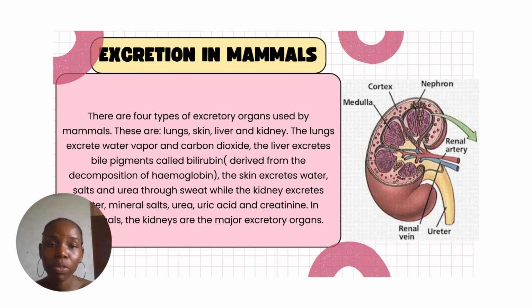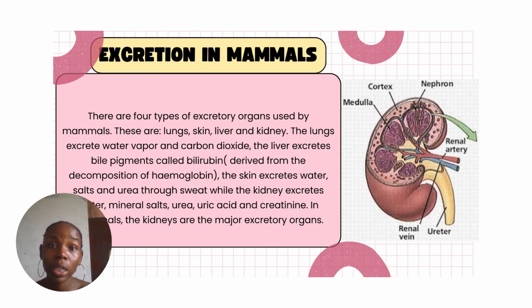There are four types of excretory organs used by mammals for excretion. Number one, we have the lungs, we have the kidney, we have the liver, and we also have the skin. The lungs excrete water vapor and carbon dioxide. Then the liver excretes bilirubin, which is derived from the breakdown of hemoglobin.